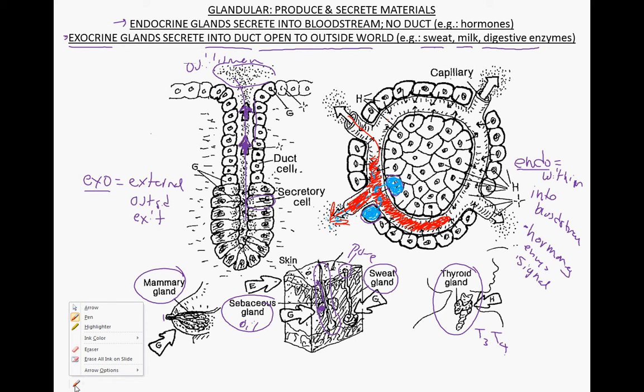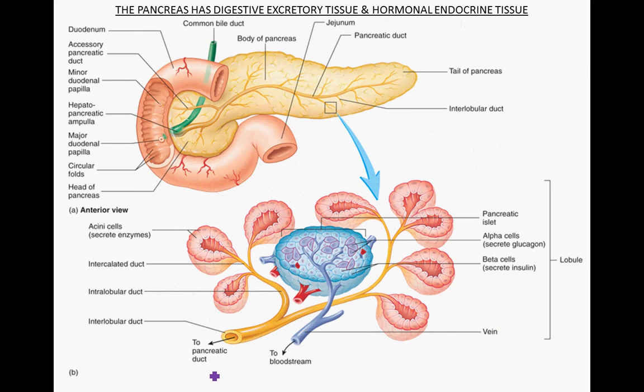Okay? Let me just switch here. If we go to the next image, the pancreas is a great gland to study because it has both digestive, excretory tissue. So it's an exocrine gland, so some of the cells are secreting something into a duct that's open to the outside world, as well as pockets of cells that are endocrine in nature. So this is a dual role organ. Here's the pancreas sitting in this curvature of the duodenum, or the small intestine.